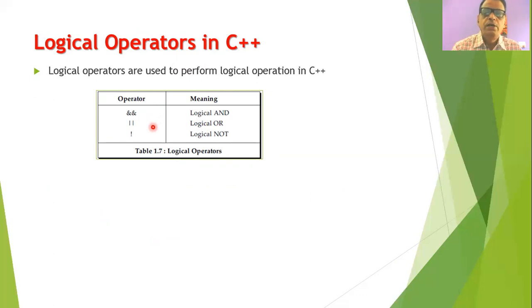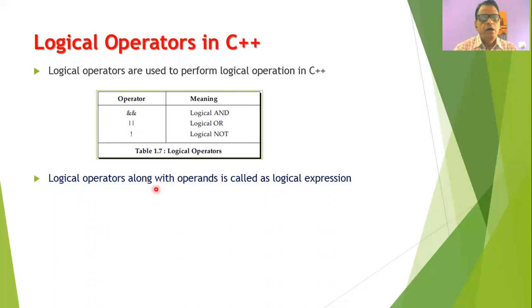Logical OR is represented by two vertical lines, and logical NOT is represented by the exclamation symbol. So AND, OR, and NOT are the most basic types of logical operations, and you can perform these operations while writing a program.